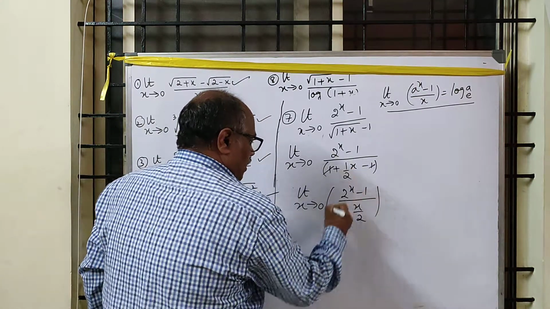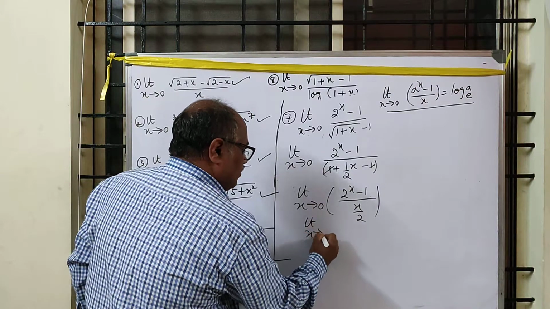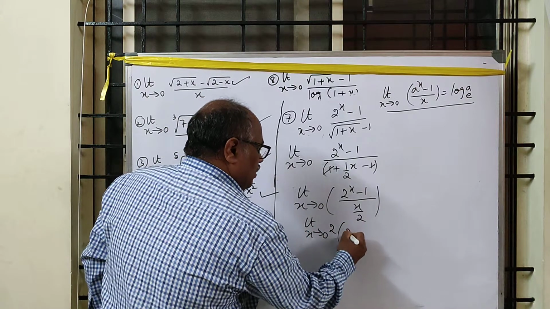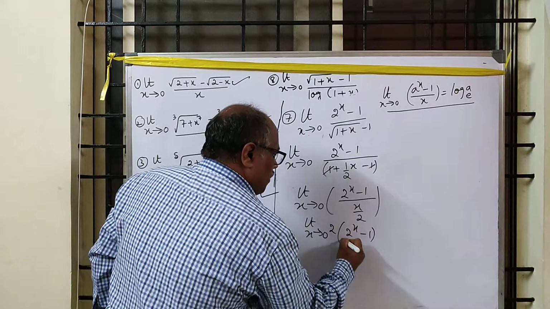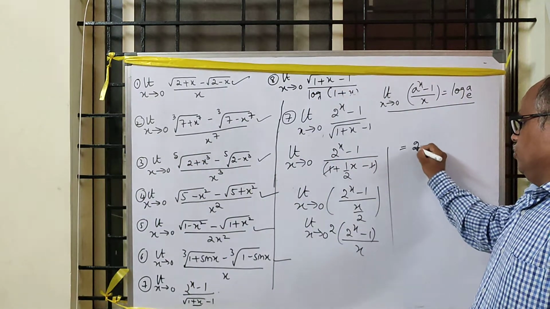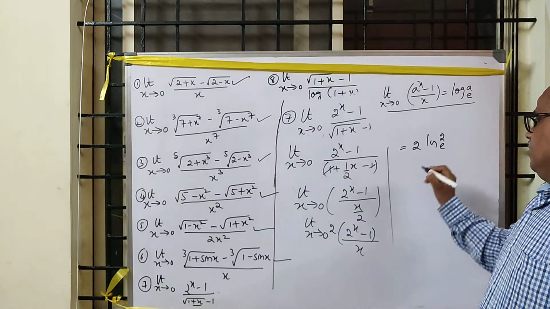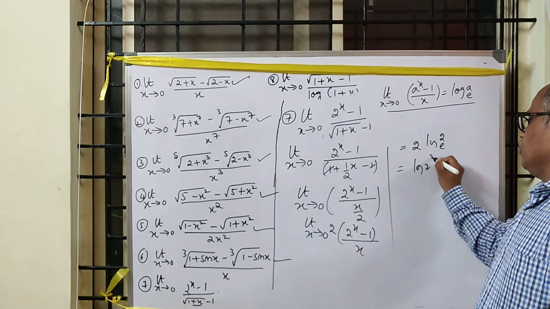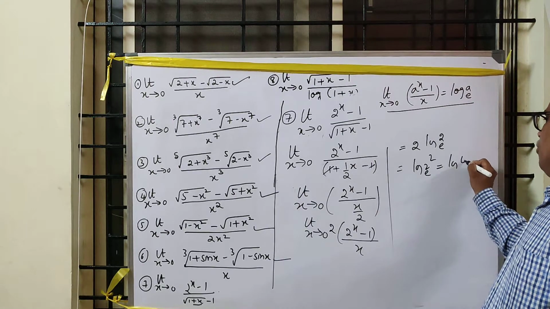The 2 goes up. Limit x tends to 0, 2 to the power of x minus 1 by x, this one says 2 log 2 base e. So log 2 squared base e. Log 4 base e is the answer.